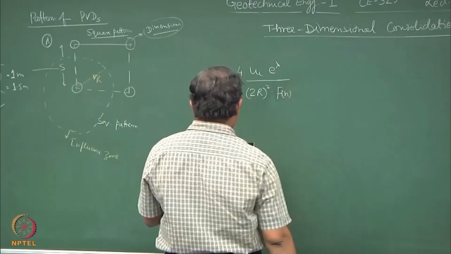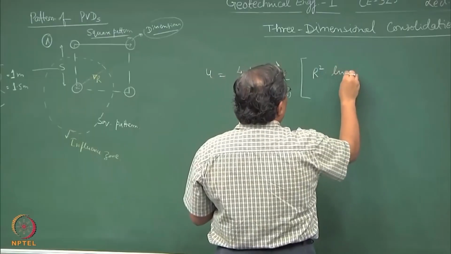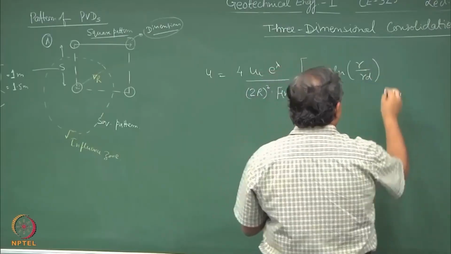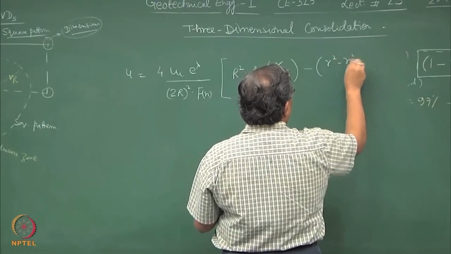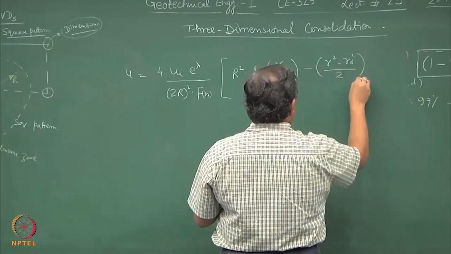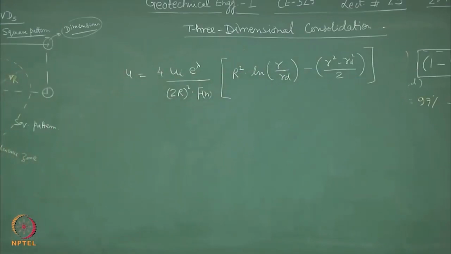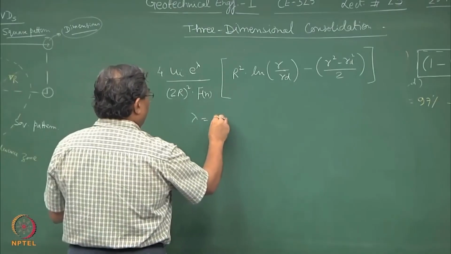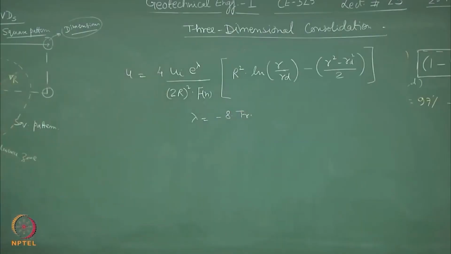Fn is a function, r square into log of r by Rd minus r square minus Rd square upon 2. So, this is the function which gives you the value of the pore pressure, where lambda is equal to minus 8 Tr.